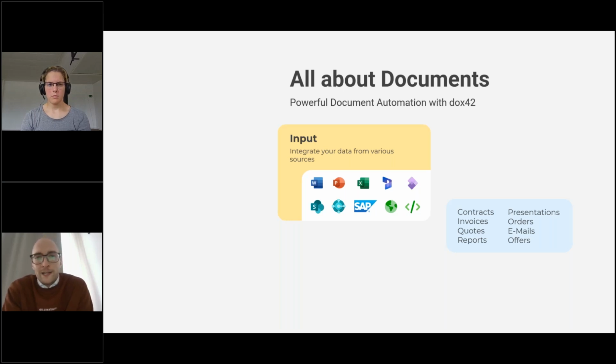Of course, you've got your M365, so Word, Excel, PowerPoint. They can all be used as sub-documents within your template. You can have Dataverse, Power Automate, SharePoint, Business Central, Finance, Supply Chain, anything that's really on the web or digitally accessible. Very likely there's a connection.